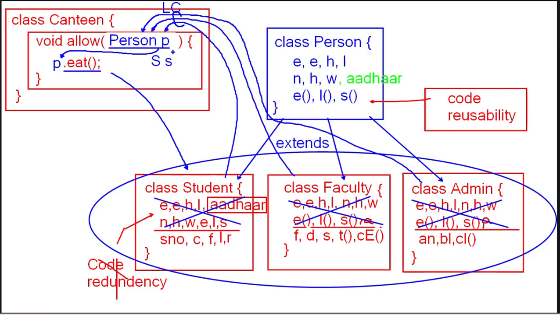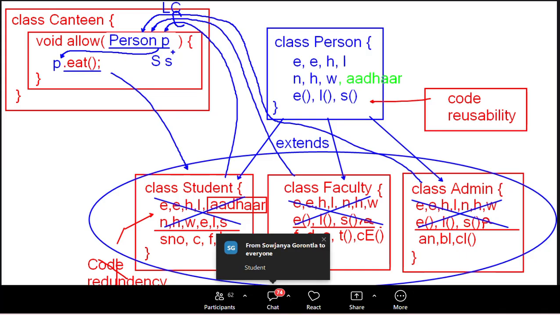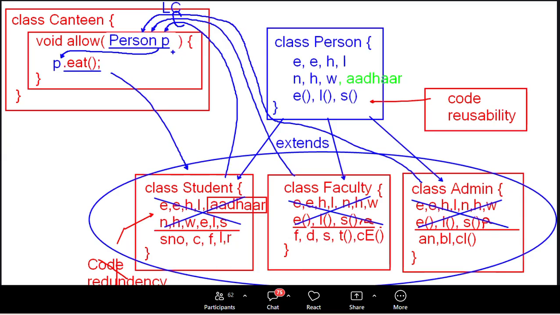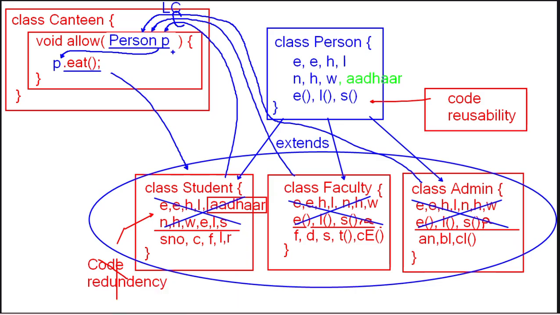Okay, suppose I take Student s, which class is connected? Student. Which object is allowed? Student. Can I change to faculty? No. That means one user class connected to one subclass, accepting only that one subclass object, not changing to other objects, then we call that concept tight coupling. Without inheritance, does the user class become loosely coupled or tightly coupled? Tightly coupled.